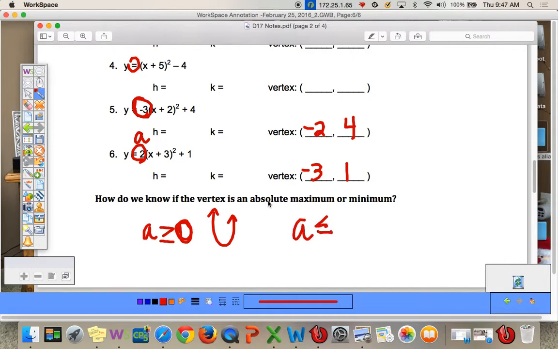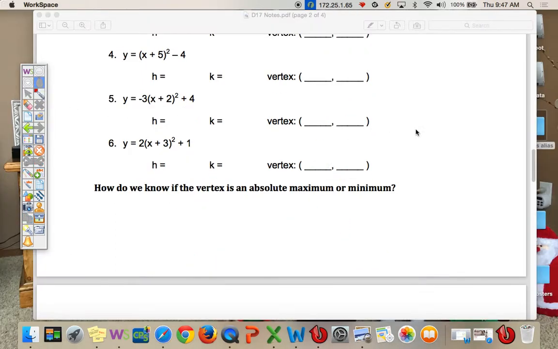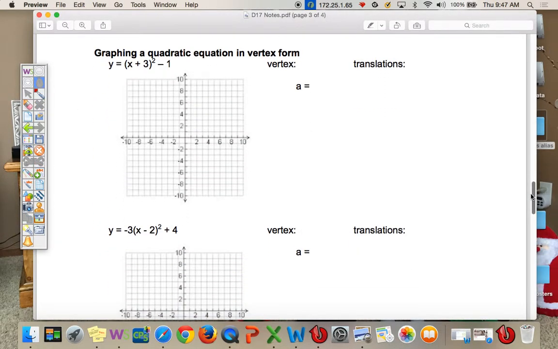If that A value, that number in front of the x, is less than 0, it's going to be upside down. So this would be a min, and this would be a max. So it deals with your positive and negatives.